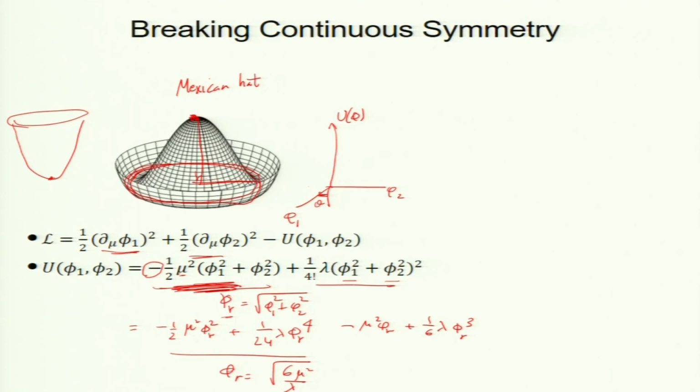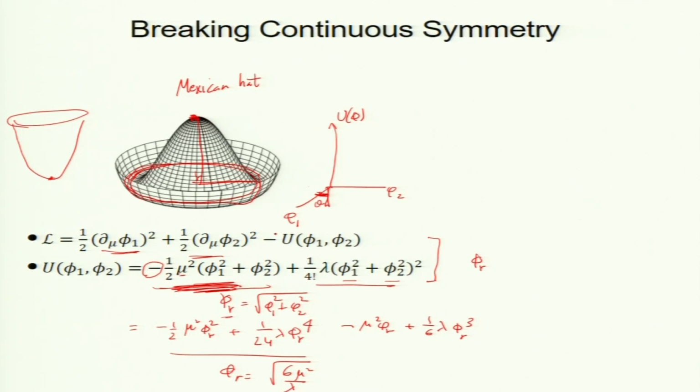Okay. So, this is called continuous symmetry. Before going to that, what is the symmetry of the Lagrangian? Here, my Lagrangian is independent of this angle theta.